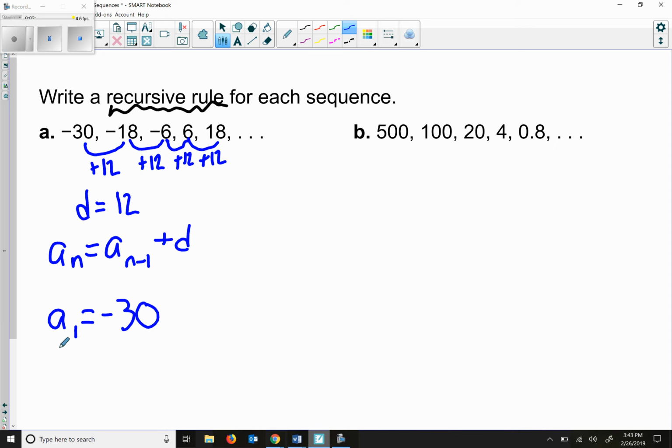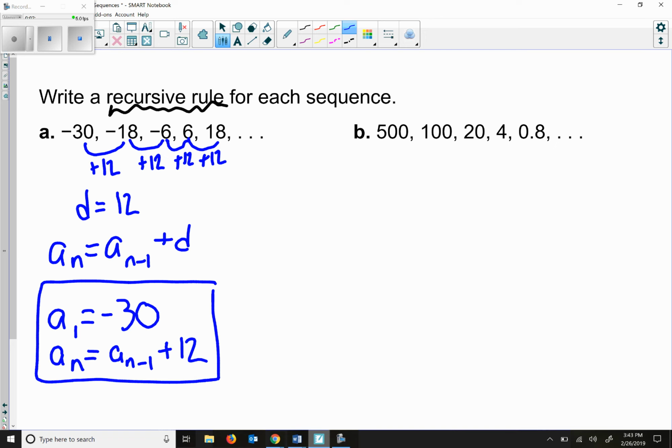And then from there we go on to say the actual rule, a sub n equals a sub n minus 1, again trying to find that previous term, and then that common difference is 12. We'd be able to find the second term, third term, fourth term, subsequent terms now that we have both of these pieces.